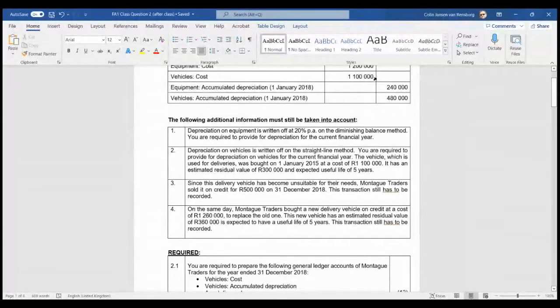As we can see there, that is the balance that is in the cost account. It has an estimated residual value of 300,000 rands and an expected useful life of 5 years. Now, let me ask a similar question again, and let's see who gets this. Before we can calculate depreciation, what do we have to calculate first?